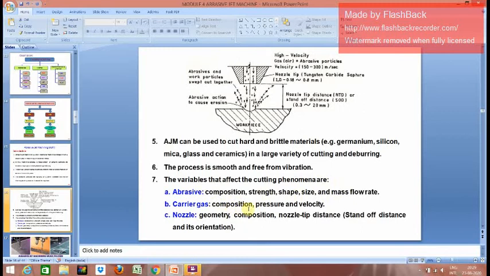The carrier gas also has composition, pressure and velocity. For the nozzle, we will discuss the geometry, the composition of the nozzle, and the NTD, that is nozzle tip distance, or you can say stand-up distance.